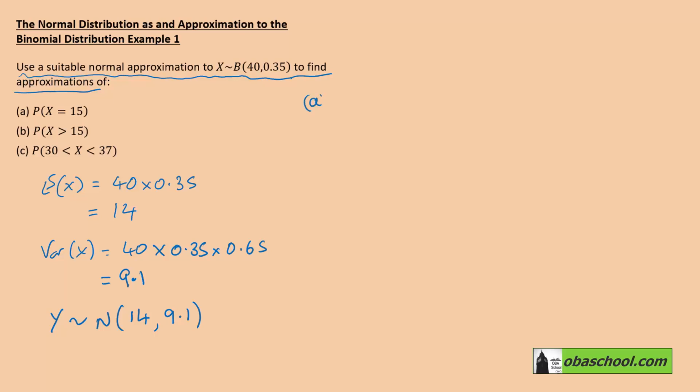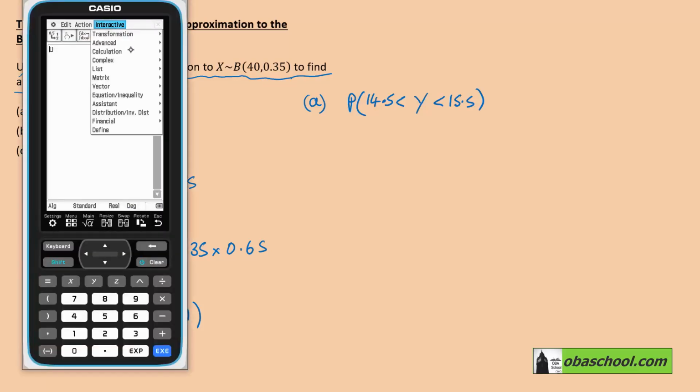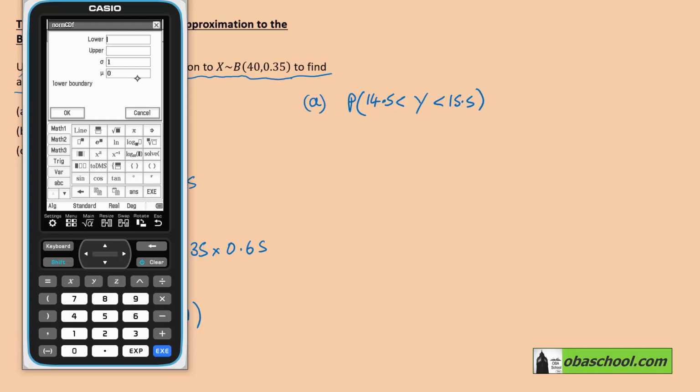And now, to approximate the probability of x being 15, we would use y from 14.5 to 15.5. Remember the continuity correction. And so now you'll have a similar sort of app on whatever calculator you've got.